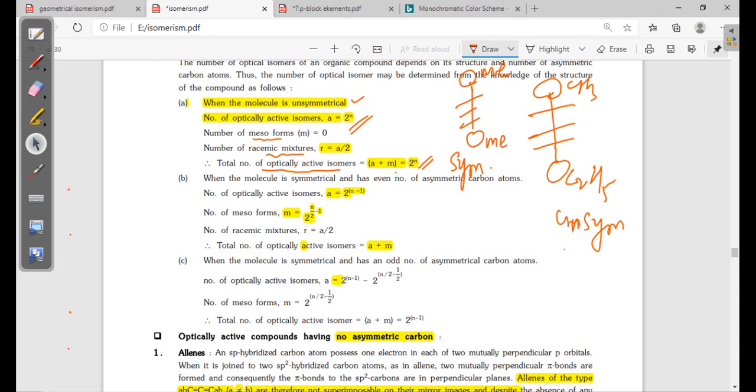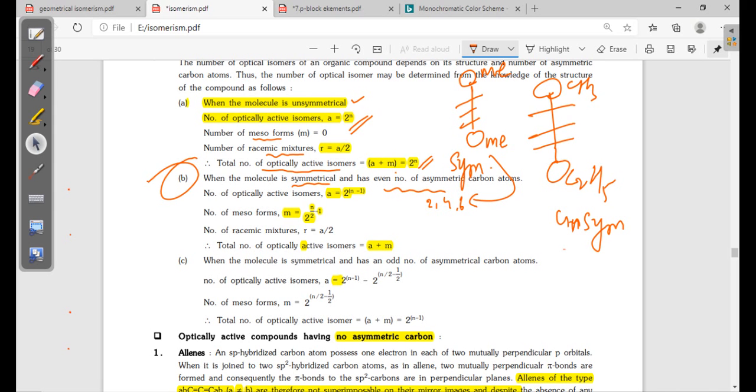Now case 2. Here, the molecule has symmetrical ends and an even number of asymmetric carbons. Even number of carbons means 2, 4, 6, like this.